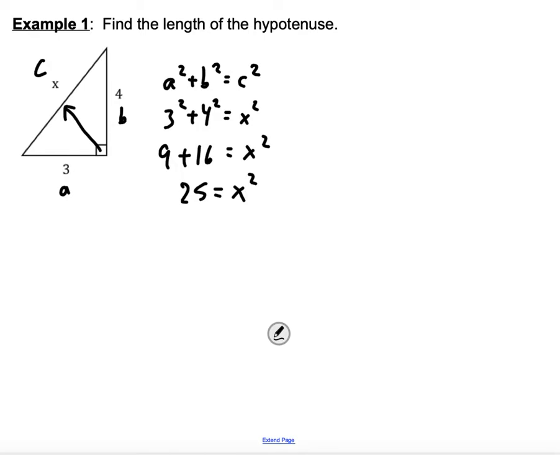To get rid of that squared around the x there, we're going to have to take the square root of both sides. We don't have to worry about the plus or minus because we can't have a negative for a side length of a triangle there. So we end up getting x equals 5. So 5 is the length of the hypotenuse.